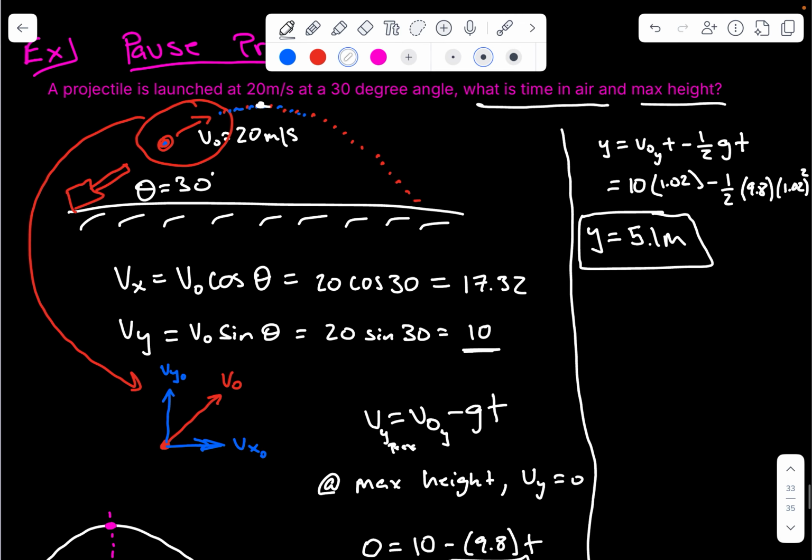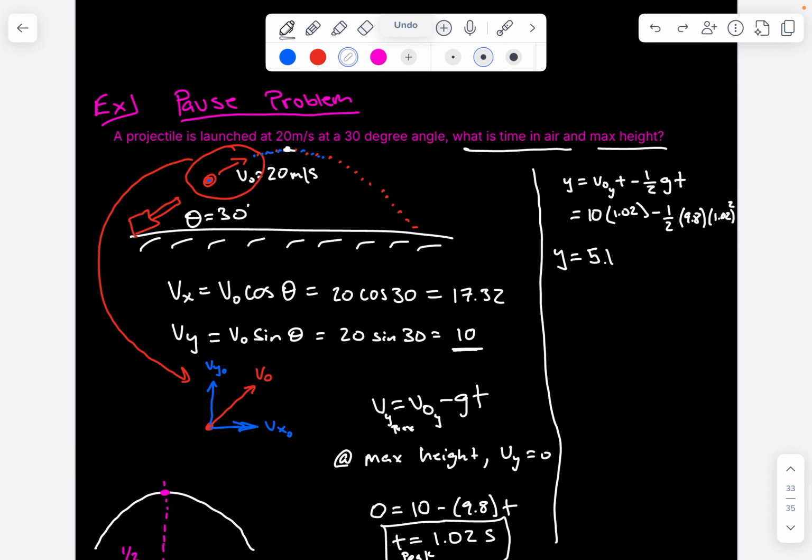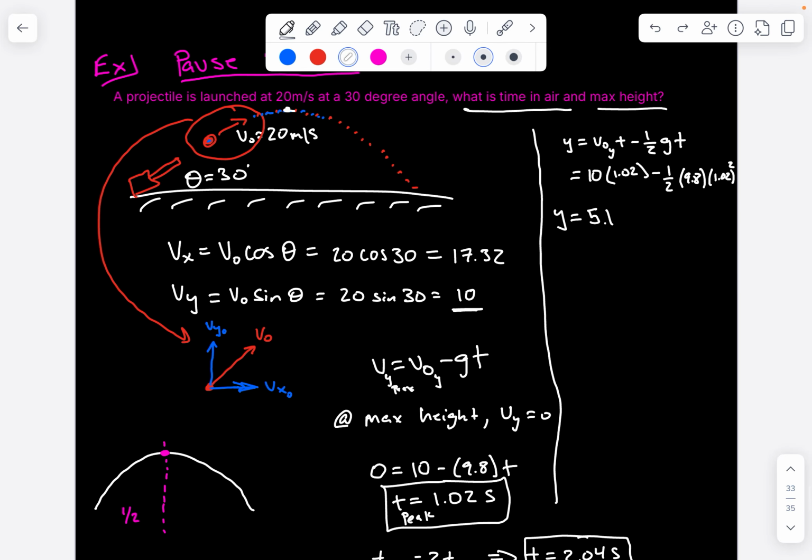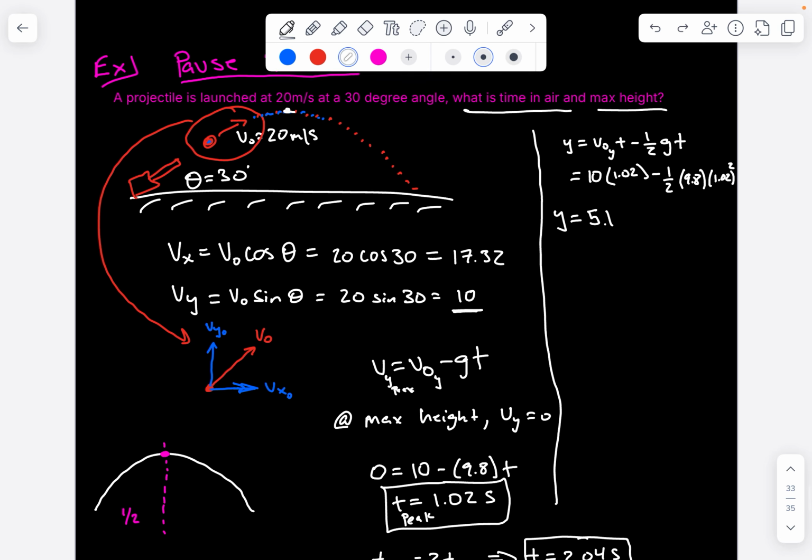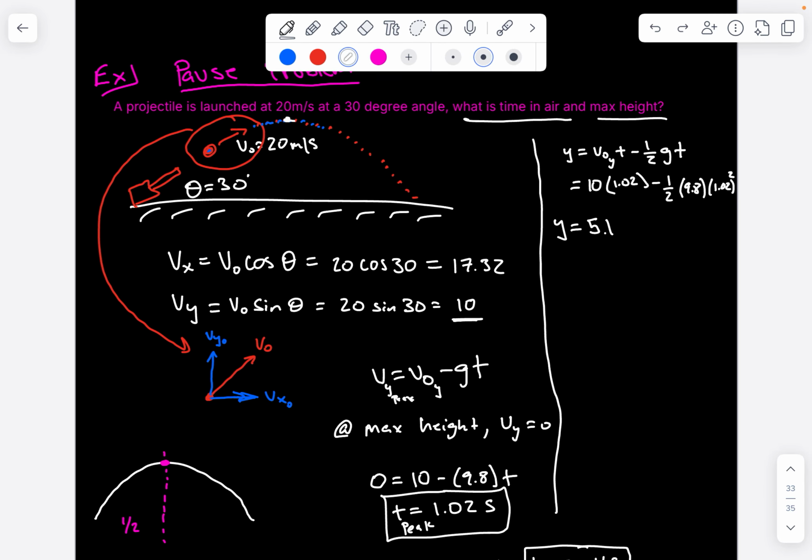So that is a typical projectile motion problem where there's a lot of different steps. Each step is part of that scavenger hunt that I was mentioning earlier. But to summarize, break it into your x and y components, break your velocity up, make it easier. Look at what you want to get to and what you have, and see what formulas get you there.